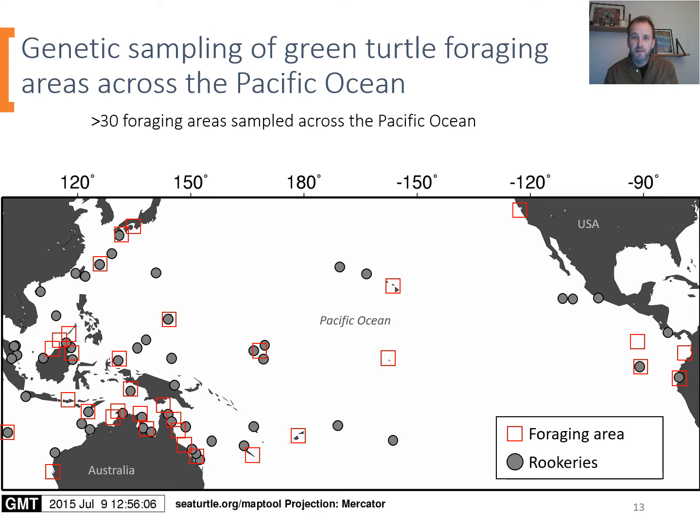Now, since that first study, more than 30 foraging grounds and many, many more rookeries have been published using mixed stock analysis across Asia-Pacific, as you can see from this map here. So what we're learning from these studies is that there is a lot of variation in the results.